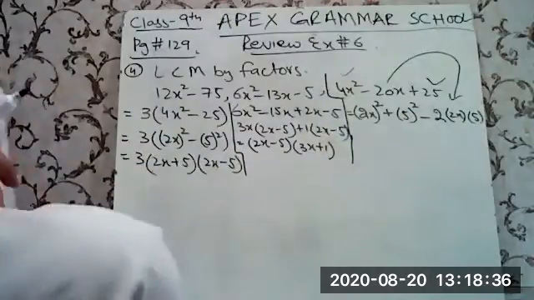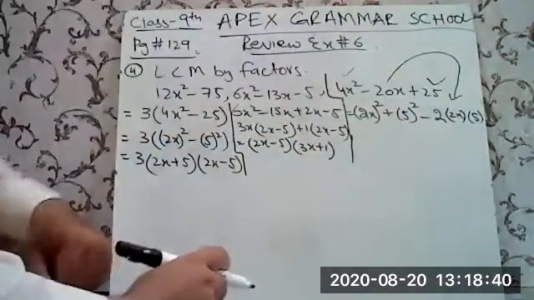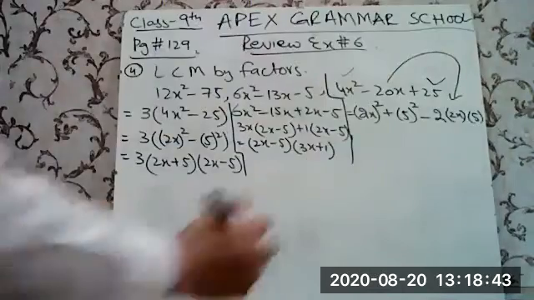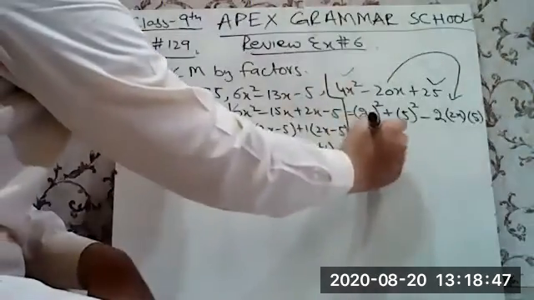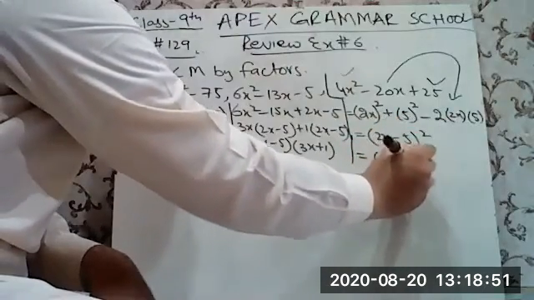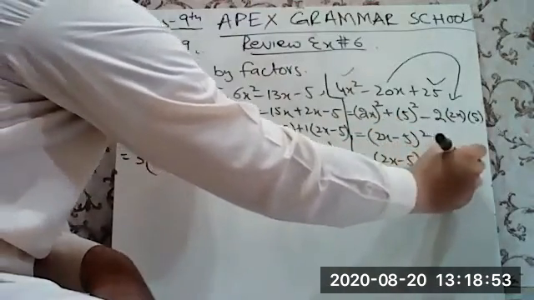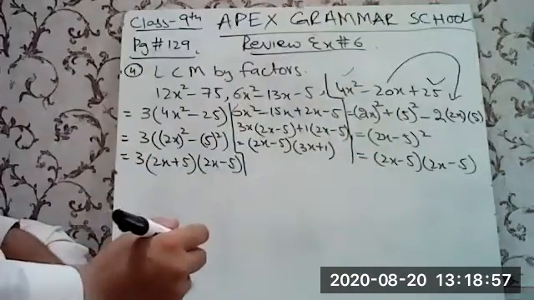That's it. This is of the type a square plus b square minus 2ab, so this is basically an a minus b whole square type formula. You can write it as 2x minus 5 whole square, or 2x minus 5 and again 2x minus 5.